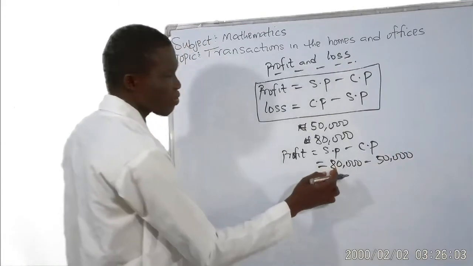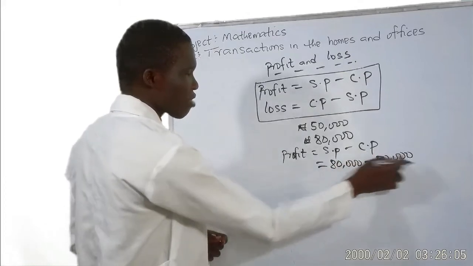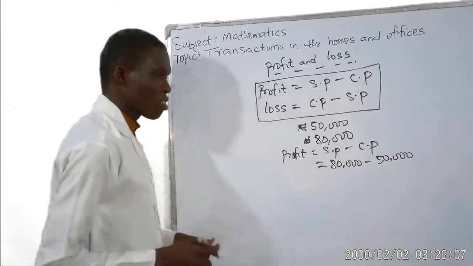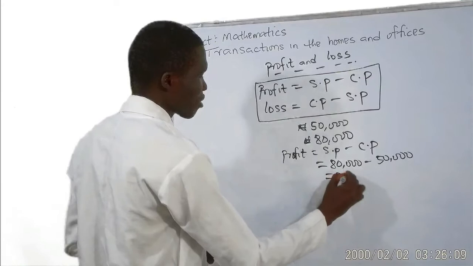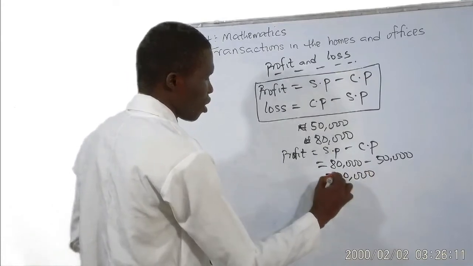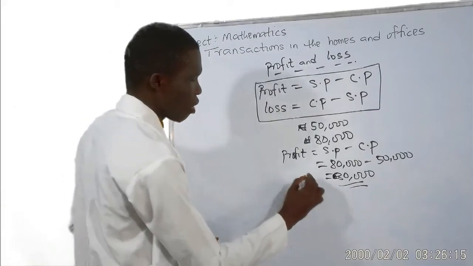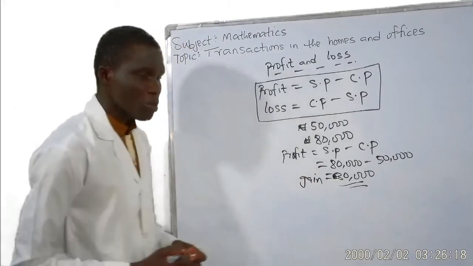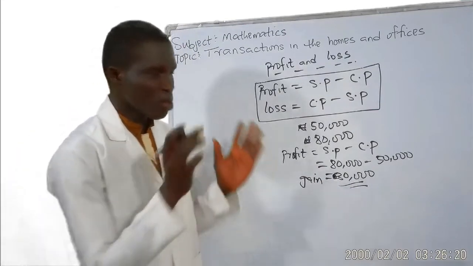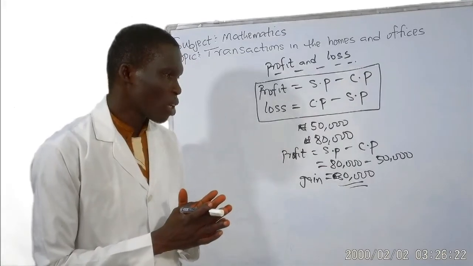So if you minus 80,000 minus 50,000, you are going to get 30,000 naira. So that means our profit or gain will be 30,000 naira. So that is what profit is all about.